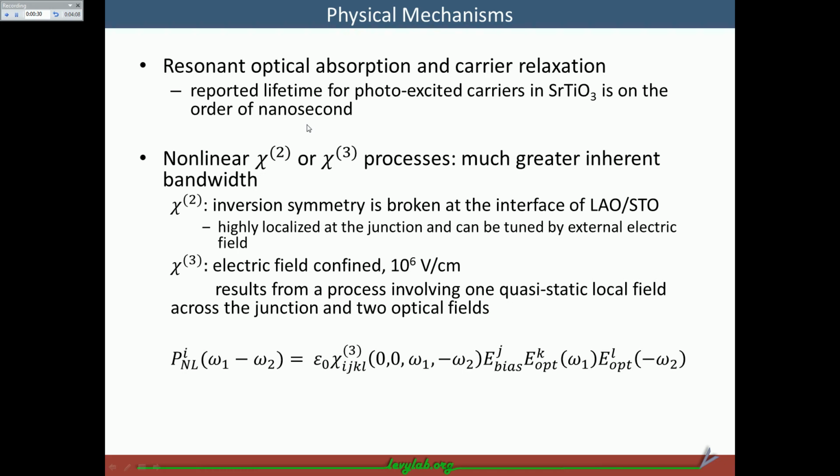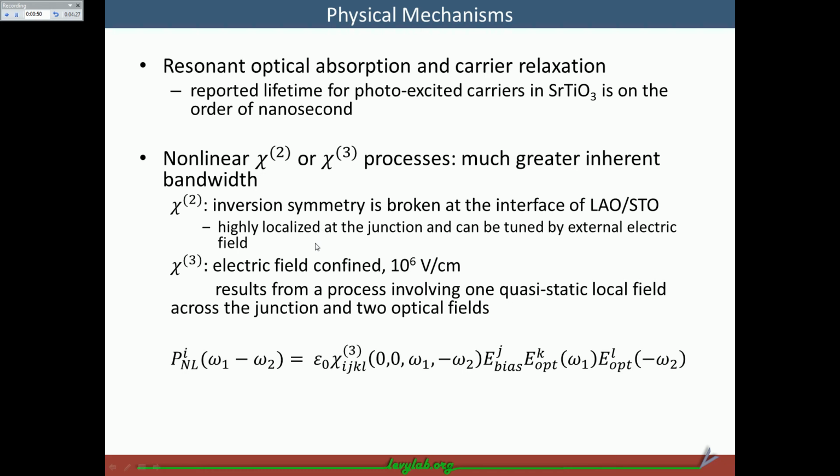So in our experiment, the time resolution is about 7 hours. So really we think about the nonlinear χ3 process, so they have much greater inherent bandwidth.